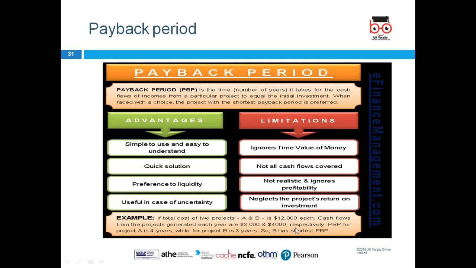In some projects, like in this example, we have two projects, project A and project B. The money required is £12,000 each. The cash flow of project A generates 3,000 and of project B 4,000 respectively each year. The payback period for project A is 4 years, because 3 times 4 makes 12.